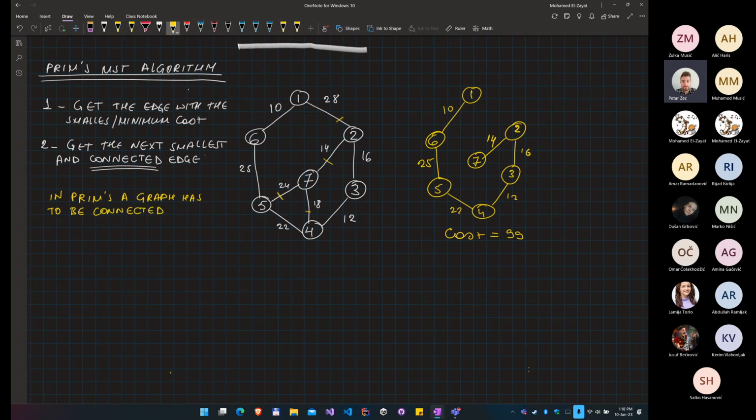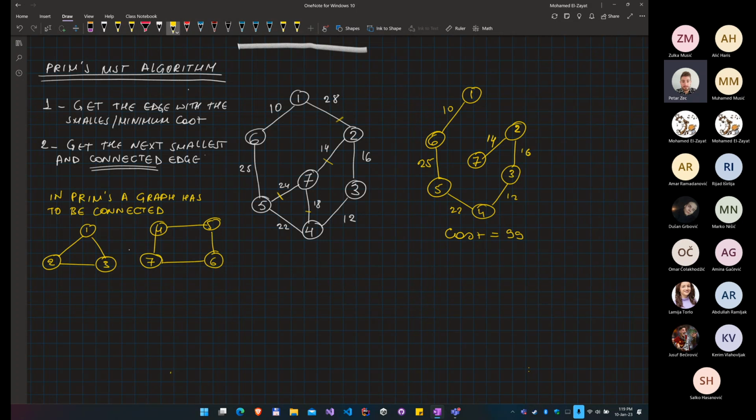If I give you a graph that looks like this, 1, 2, 3, then we have here 4, 5, 6, 7. So we have islands in this graph. This is one single graph, however, they just happen to be disconnected. So you have islands here.